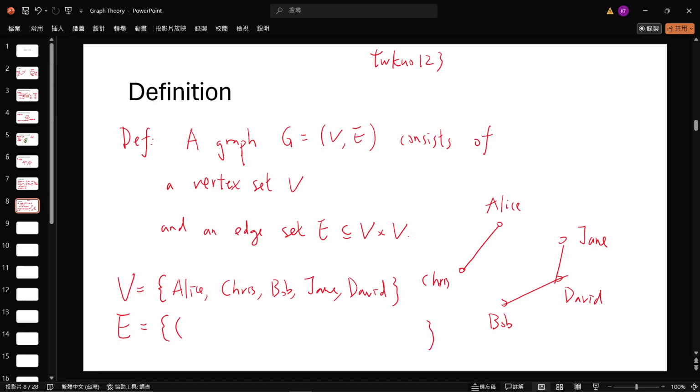Then we have three edges. Alice, Chris is the first edge. Jen, David is the second one. And Bob, David.